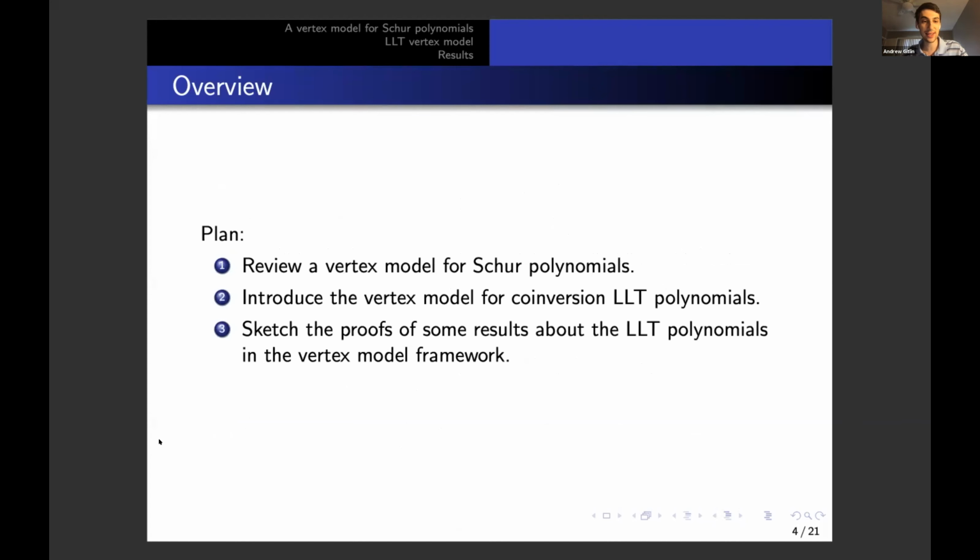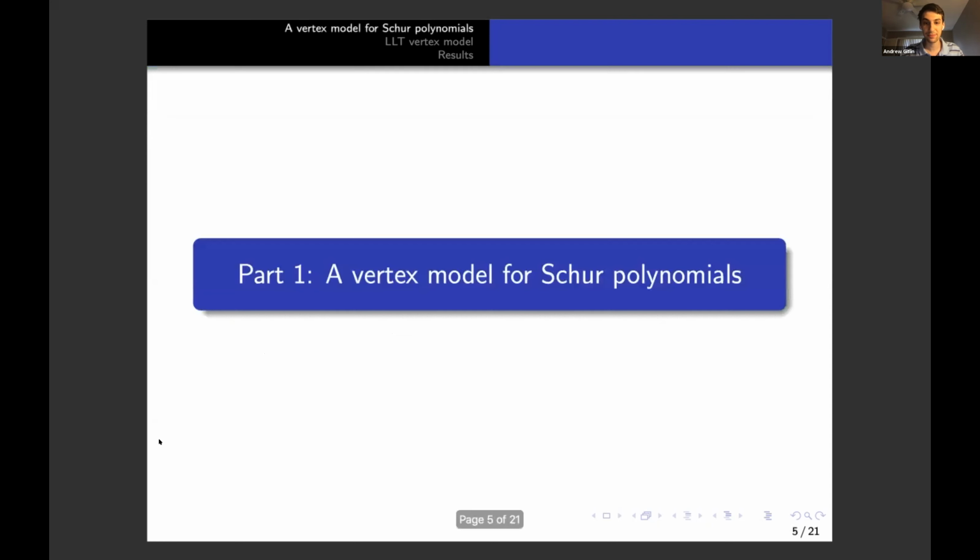Okay, so my plan is first I'm going to review a vertex model for Schur polynomials. Then I'm going to introduce a vertex model for the co-inversion LLT polynomials that extends the vertex model for Schur polynomials. And then once we have that vertex model, I'll do stuff with it. I'll sketch the proof of some results about LLT polynomials that are proven using the vertex model framework.